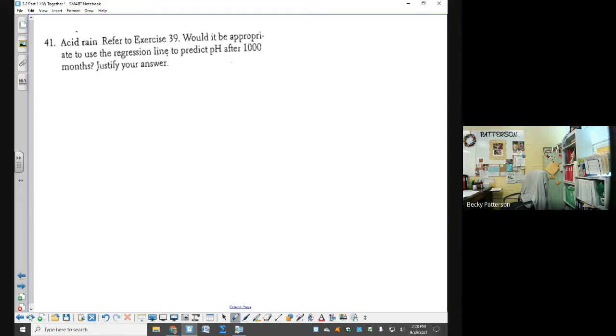It says, refer to exercise 39. Would it be appropriate to use the regression line to predict the pH after 1,000 months? How many weeks is that? 4,000 weeks? Yeah. So why would it not be appropriate? Because this would be extrapolation, but then tell me why.